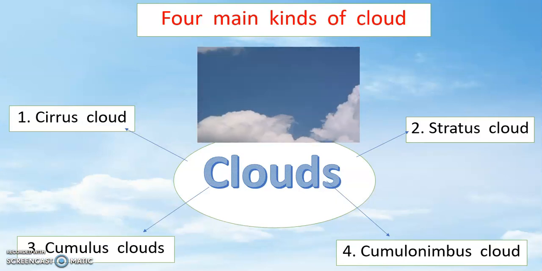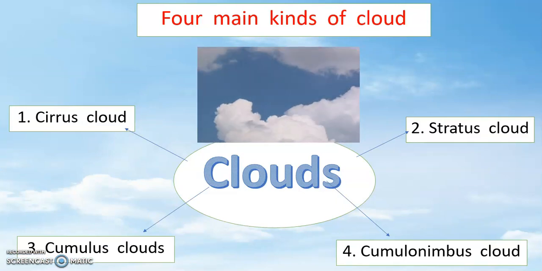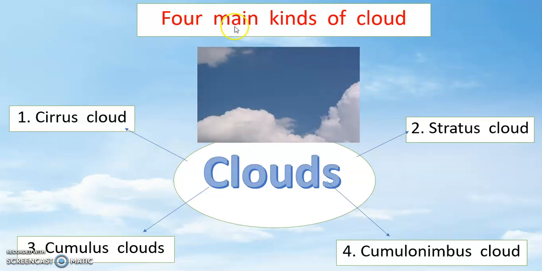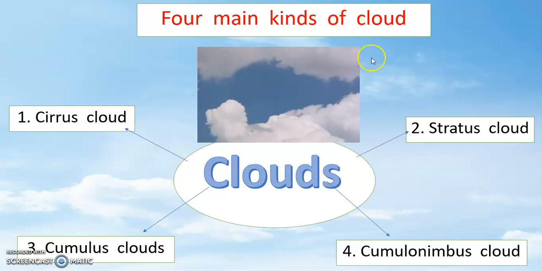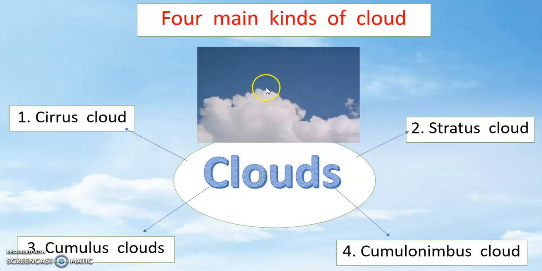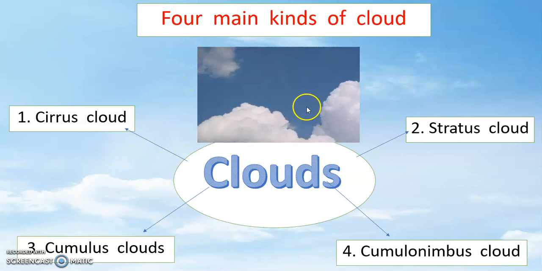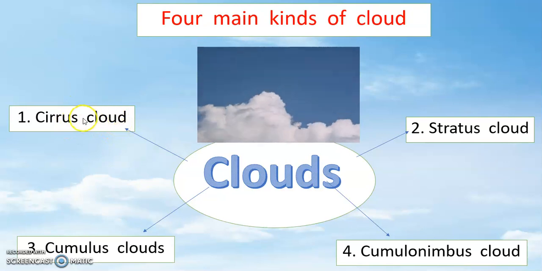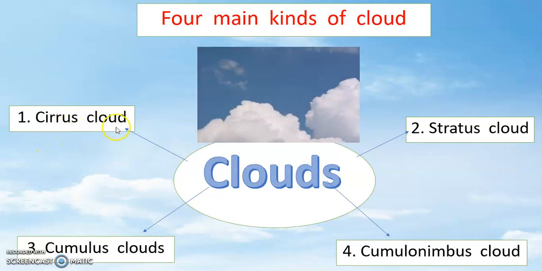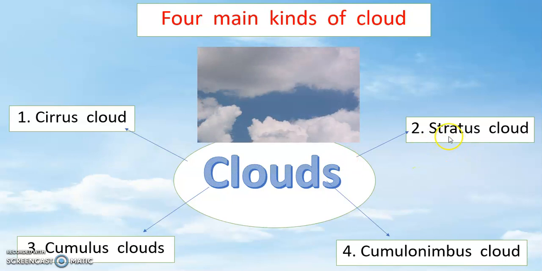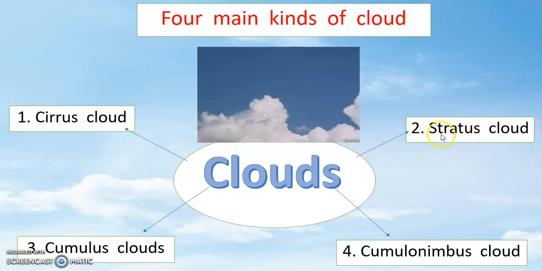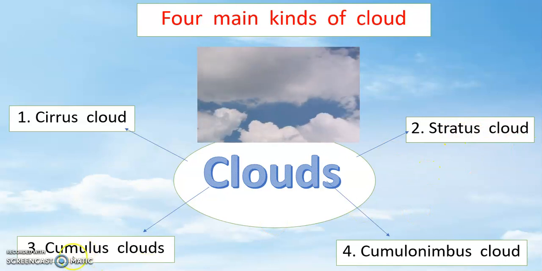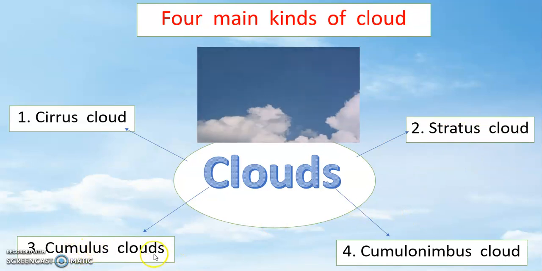Today our topic is about 4 main kinds of clouds. Number 1 is cirrus cloud. Number 2 is stratus cloud. Number 3 is cumulus clouds.